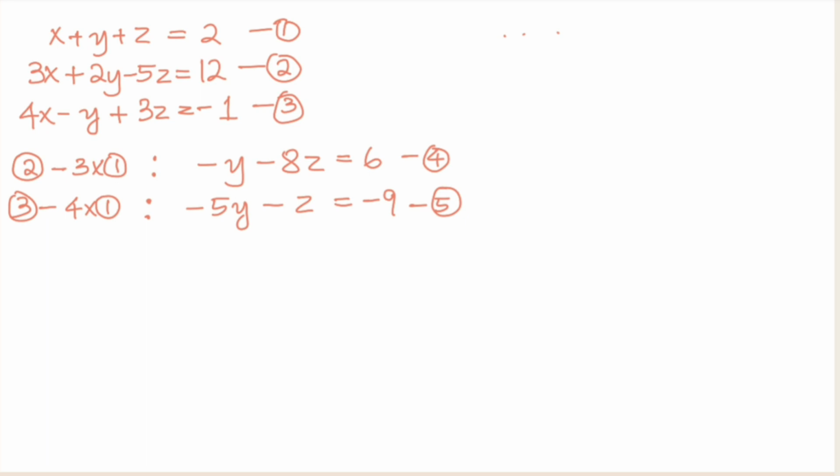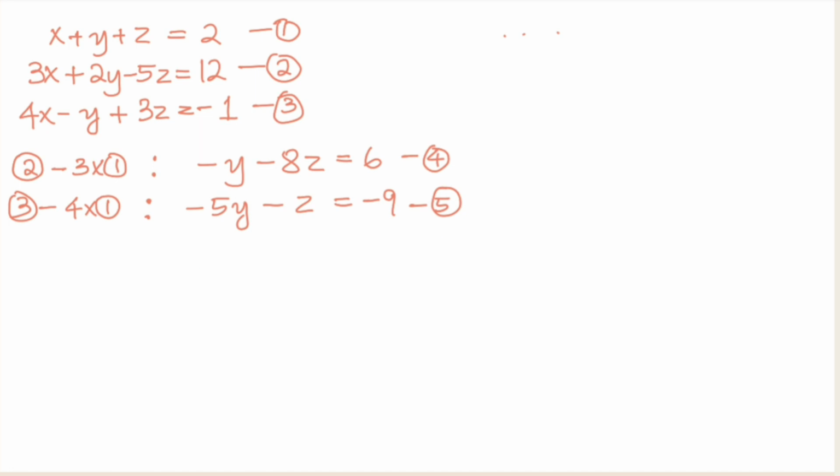One way to do that is to multiply through equation 4 by minus 1, so we have a positive coefficient for y, or we can just choose to ignore that and just multiply equation 4 by 5 and subtract it from equation 5.